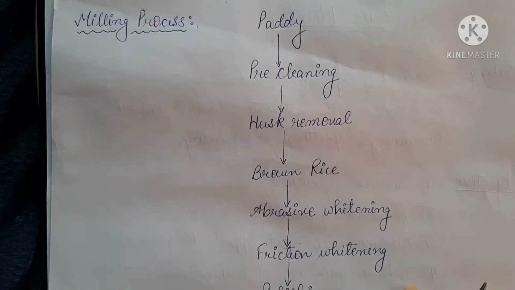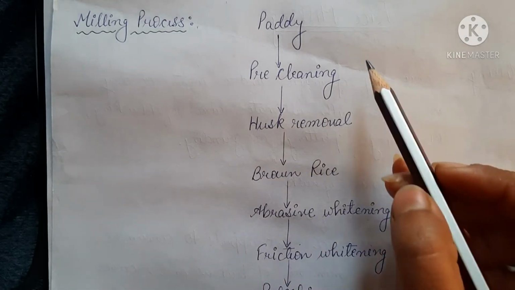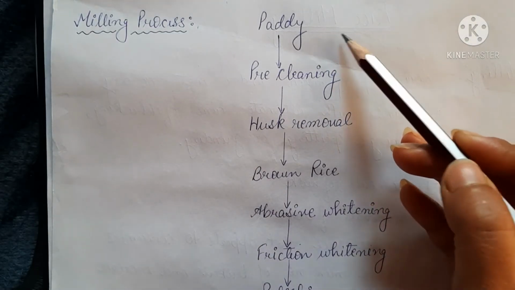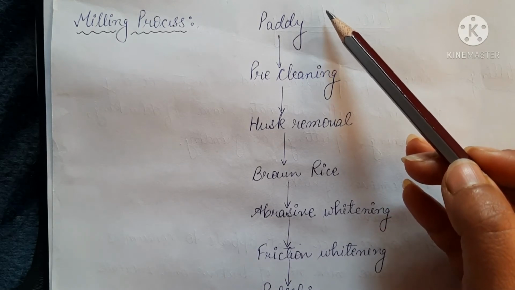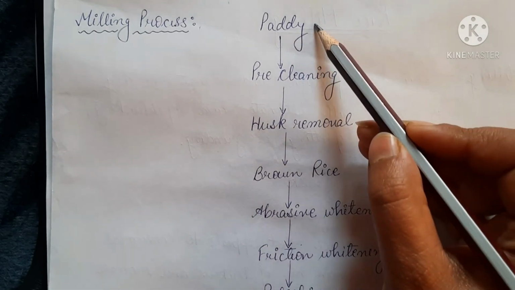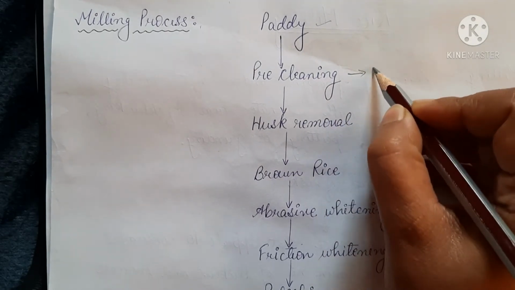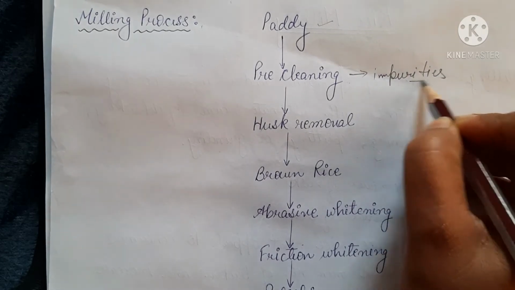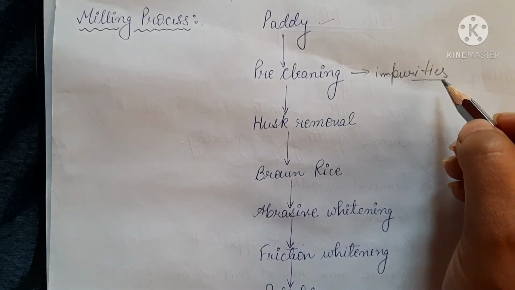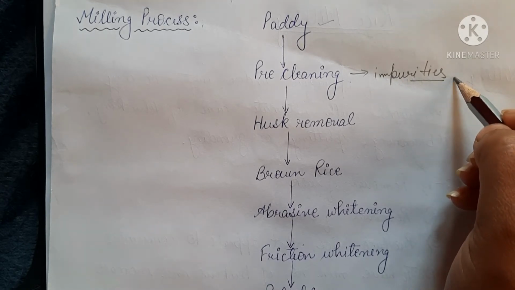Okay, so now we will talk about milling of rice. I'll talk about the complete flow sheet, how we mill rice. First of all, we'll take paddy and pre-clean it, removing all the impurities, which may contain large and small sized stones or straw particles, right?